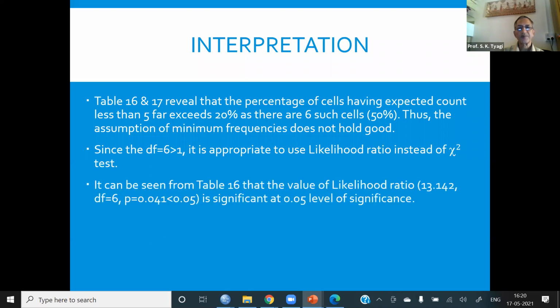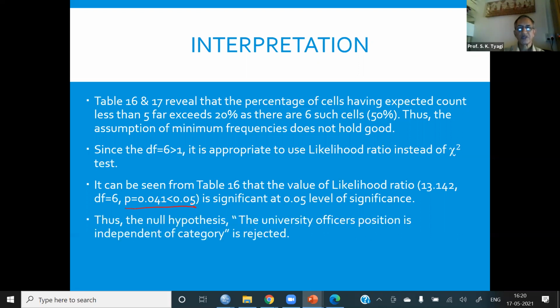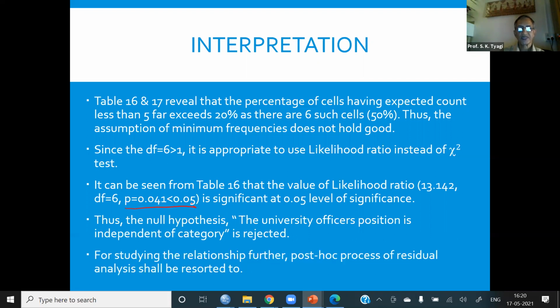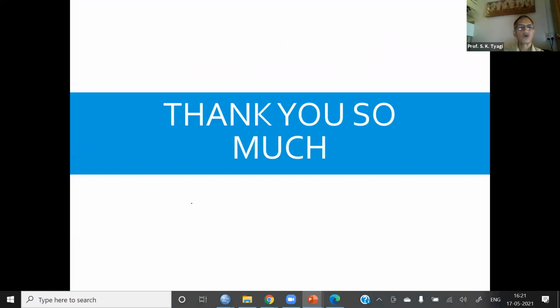It can be seen from table 16 that the likelihood ratio is significant at the 0.05 level of significance, because the value is less than the alpha level. Thus, the null hypothesis that university officer position is independent of category is rejected. For studying the relationship further, the post hoc process of residuals will be resorted to. So, this is all for today.